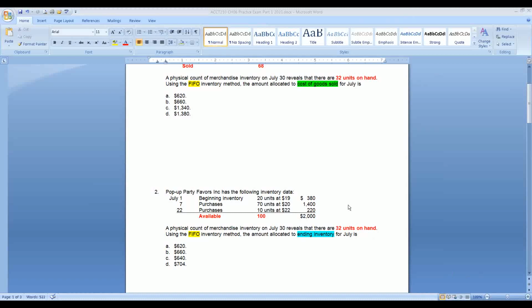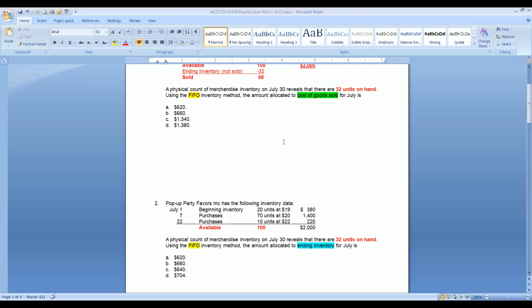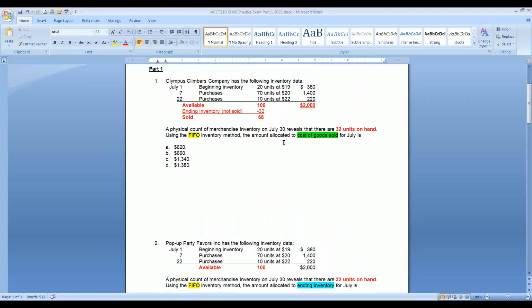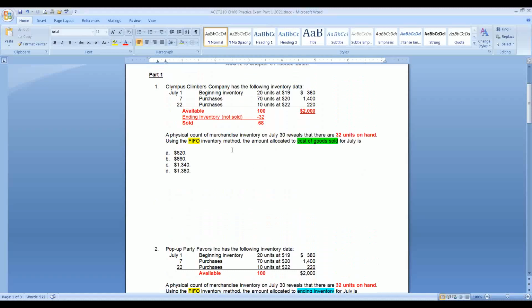Okay, there are the results. Number one, 1340 is correct. Put it in, how about blue? So you guys got that one right.